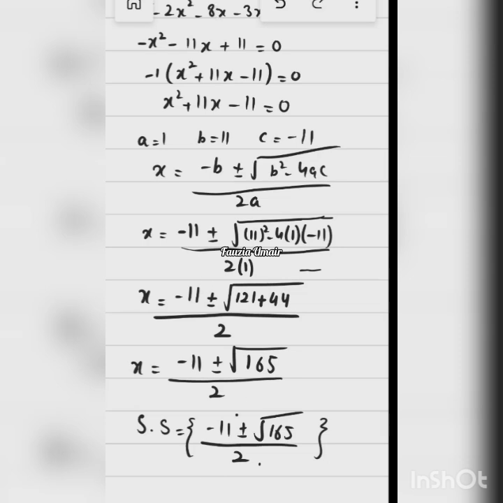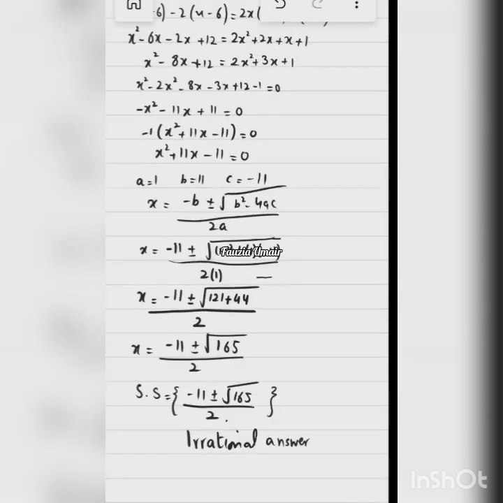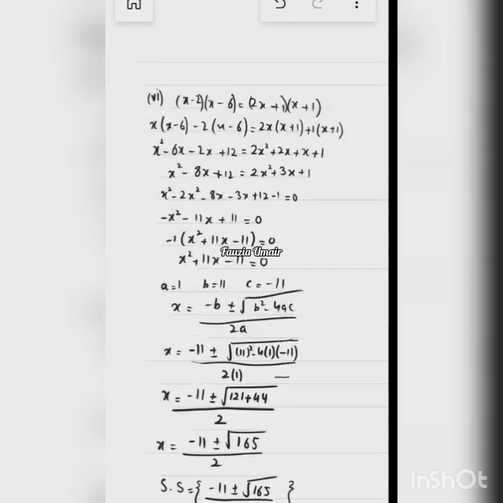X is having irrational values. All right. So you can verify through calculator. That would be easy.